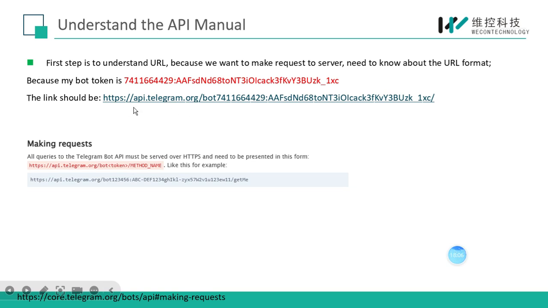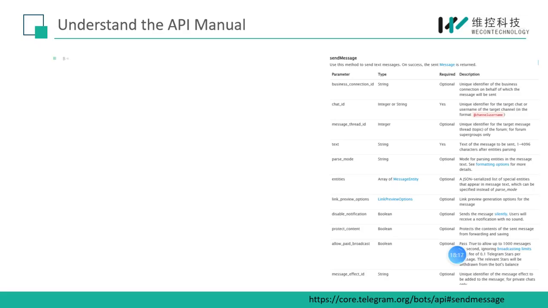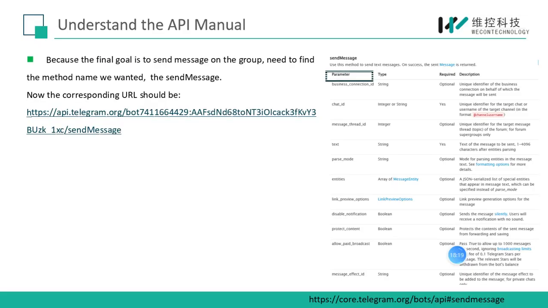So the link will be like this one: the bot then this token ID. Because the final goal is to send a message to the group, we need to find the method we want to use. So sendMessage is what we want to call, okay.